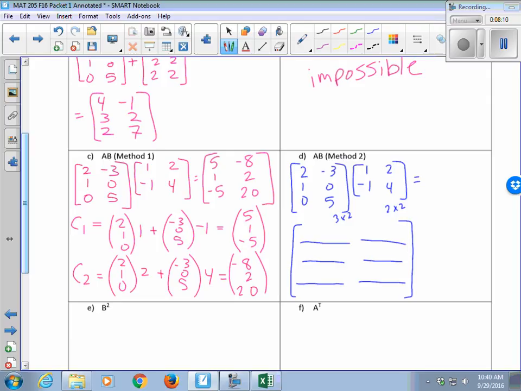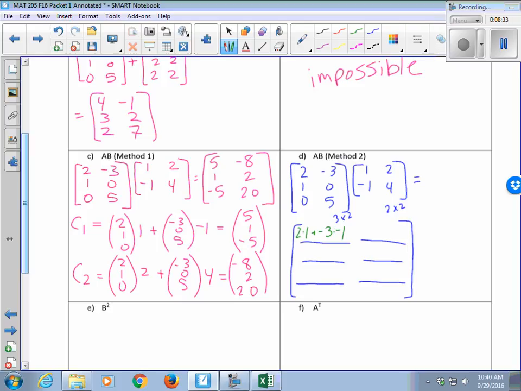So you're going to do 2 times 1. Imagine picking up this row, turn it 90 degrees, lay it on top of the first column, multiply the things that line up, and add the results. So we have 2 times 1 plus -3 times -1. Then you take that 2, -3, that row, and multiply it by the second column.